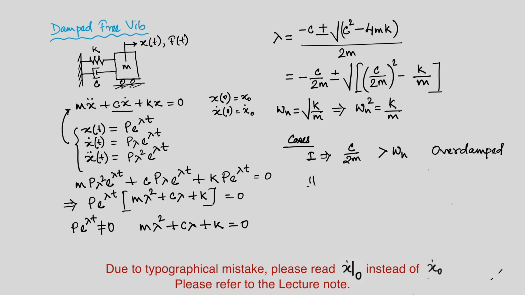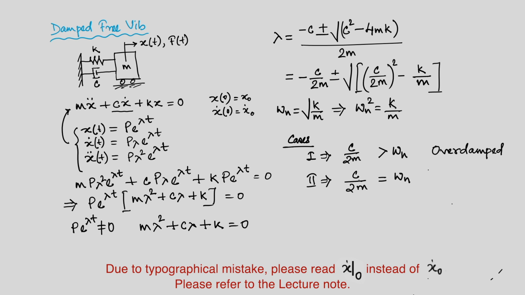Case 2, when we have c by twice m which is equal to omega n. In other words, c by twice m whole square is equal to k by m. If that is the case, obviously the bracketed term under the square root will be 0. We will come to that.